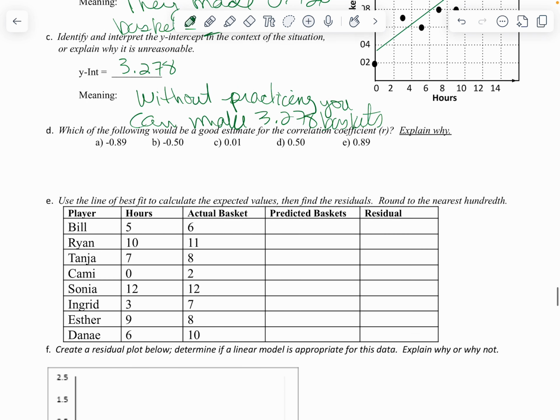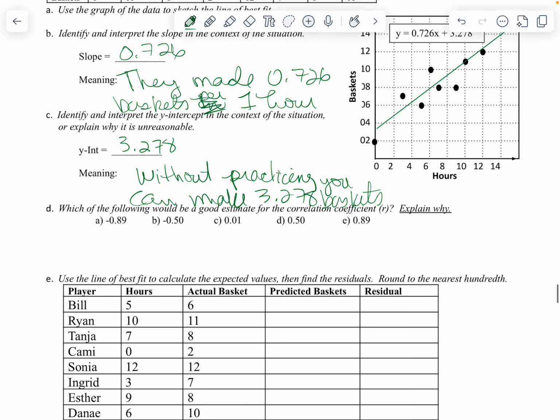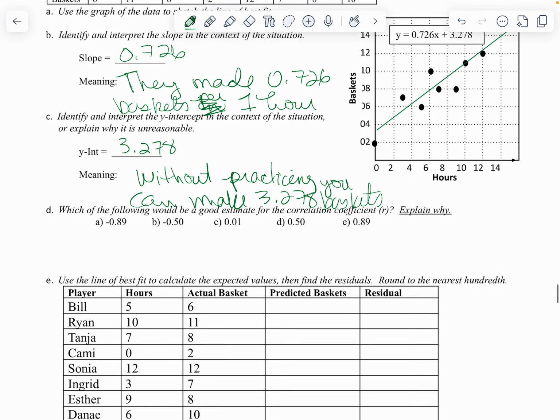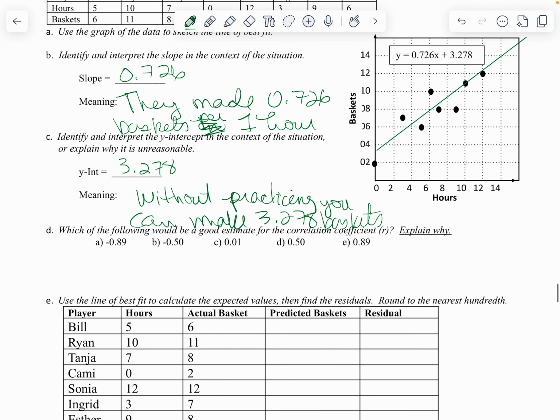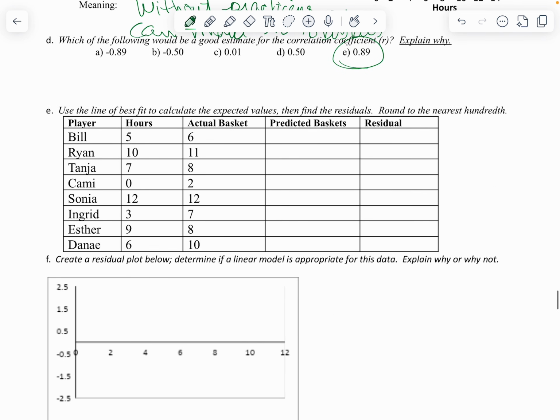Okay, which of the following is a good estimate? Well, it's a positive. I'm going to go with this.